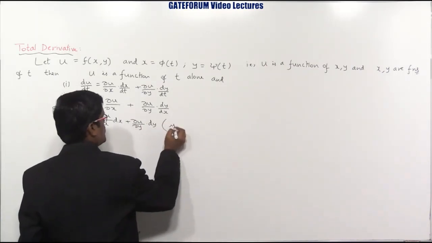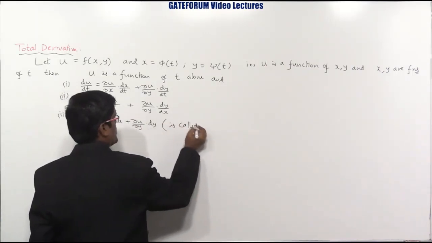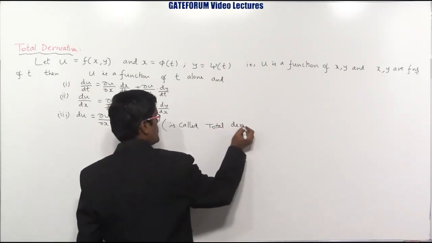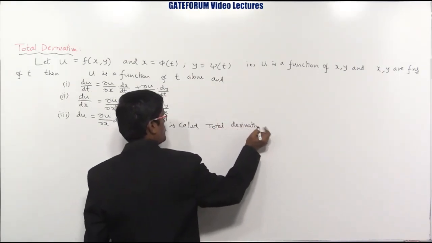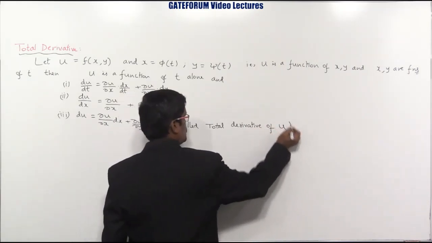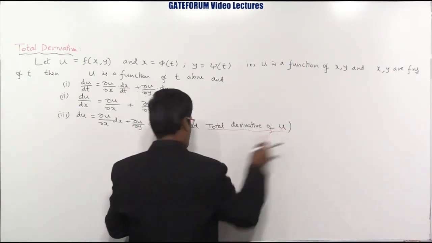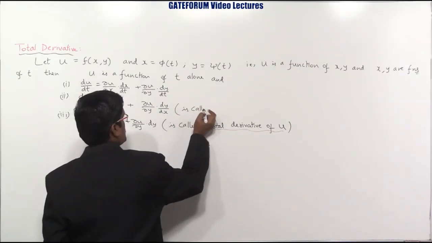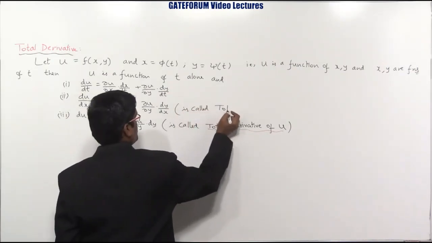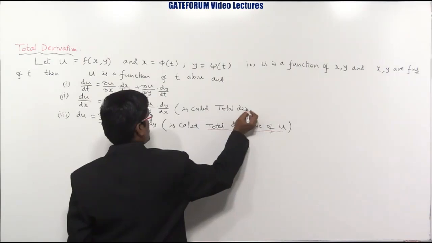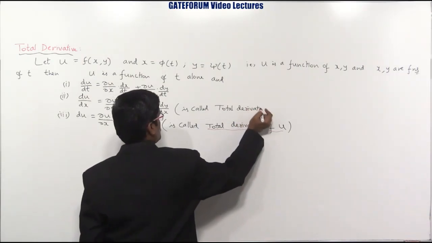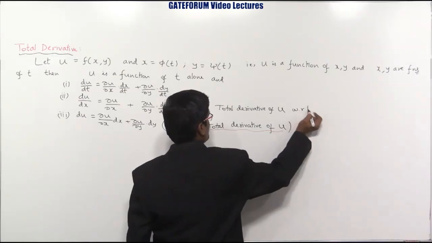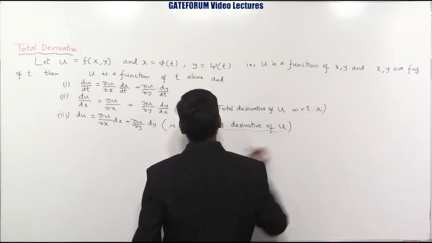So this is called, third one, total derivative of u, and this is called total derivative of u with respect to x.